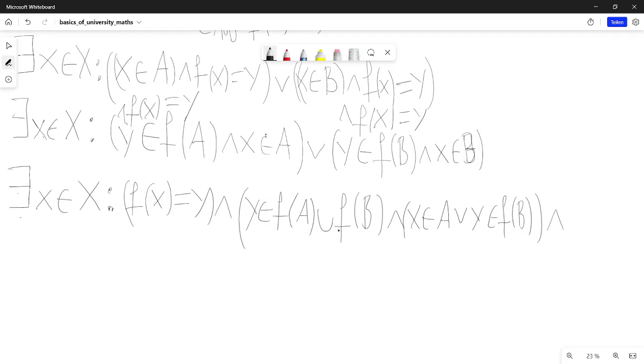And we have that big and, we have that now as part of this application, and we have now this big application of and here, and we have now this or, which we have now written out in the ands.